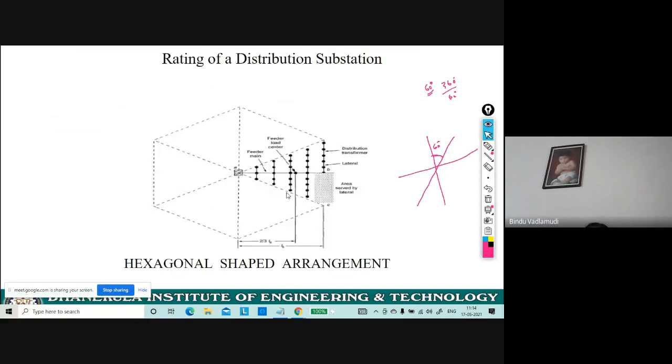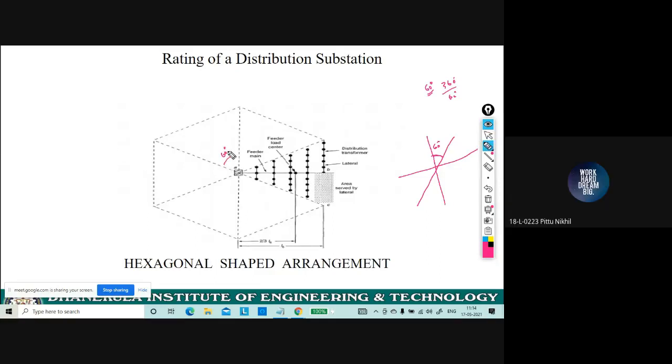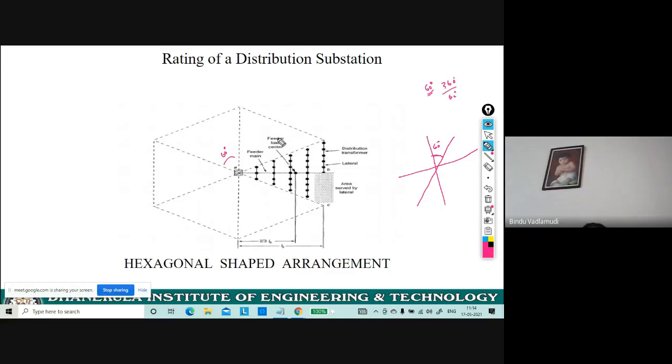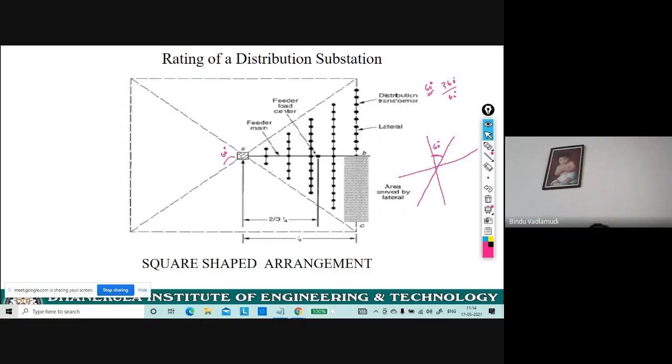If you go with a hexagonal arrangement, the angle is a fixed value, 60 degrees. If it is a square arrangement, then the angle is 360 divided by 4, which is 90 degrees.